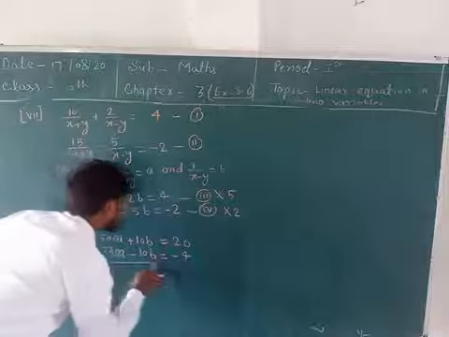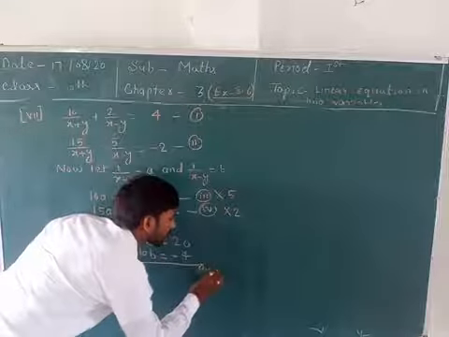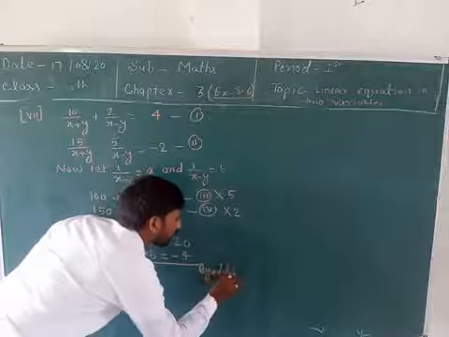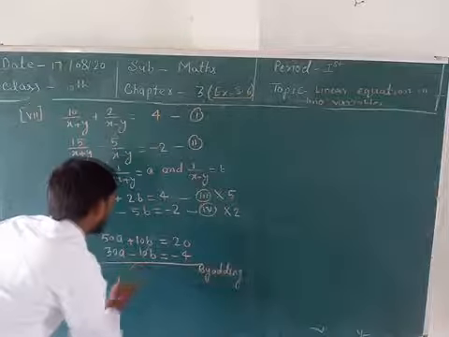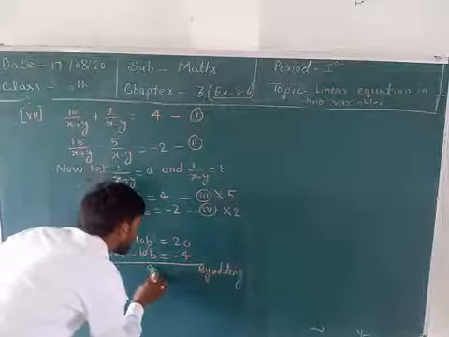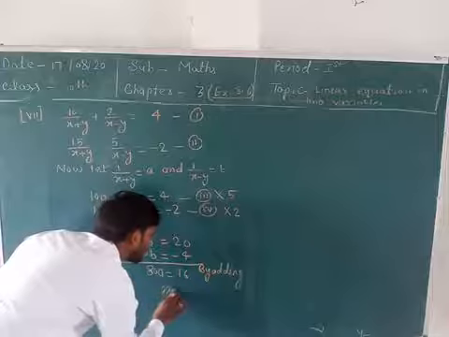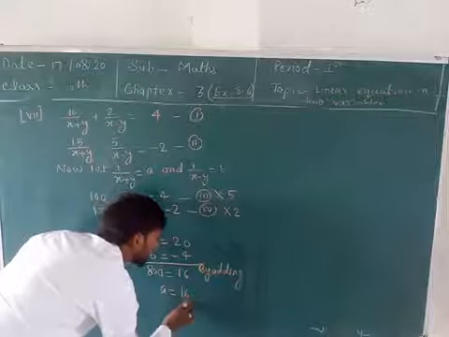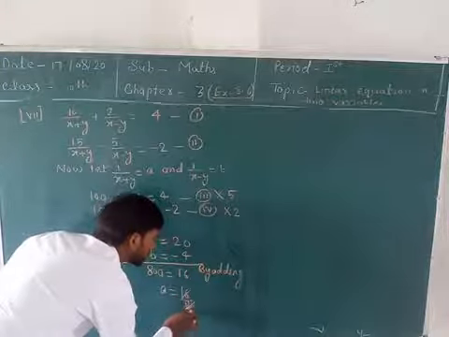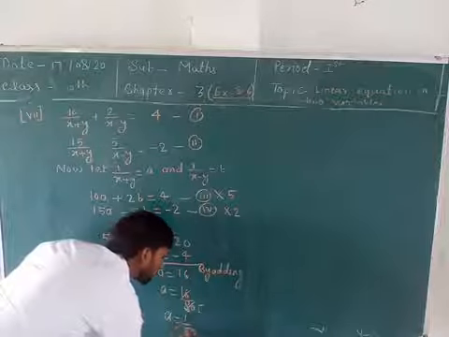Then by adding, we have 80a equal to 16, then a equal to 16 upon 80, then a equal to 1 upon 5.